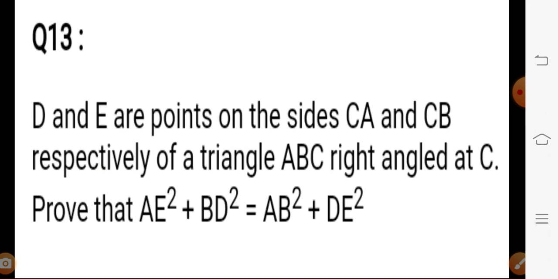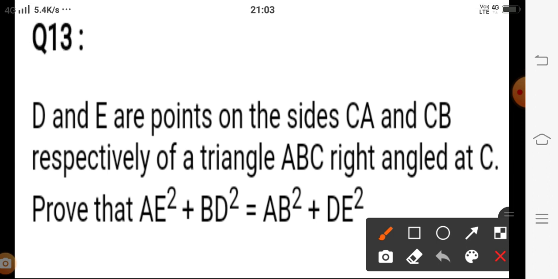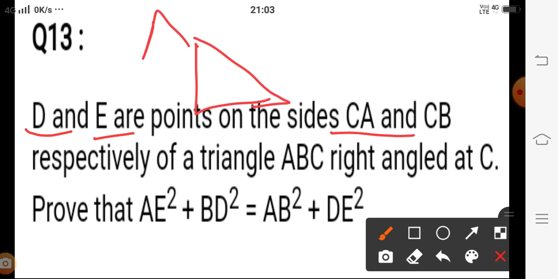Let us solve one more question. Here I am taking question number 13. D and E are points on the sides CA and CB respectively of a triangle ABC right angled at C. After reading the statement, draw the rough diagram first.